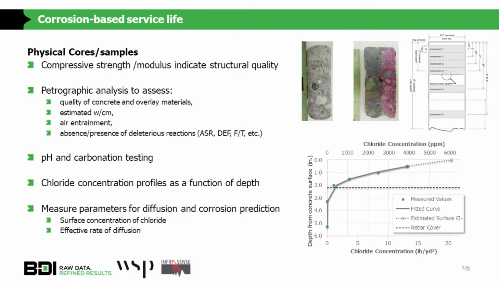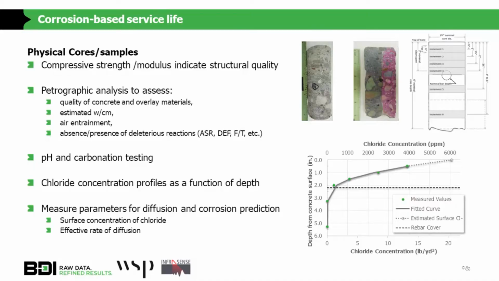It's multiple spans, some approach spans, some suspended spans. And altogether, there are 416 distinct segments in this bridge if you take the number of lanes times the number of spans. So we took the cores. From that information, we got a lot of the conventional types of outputs we would do in an assessment. We're looking at the compressive strength and the modulus to understand the structural quality of the concrete.